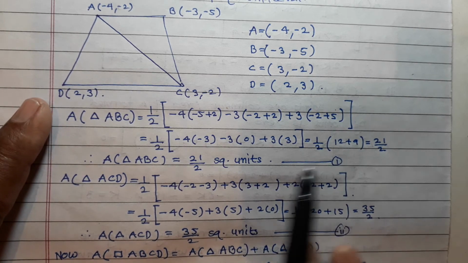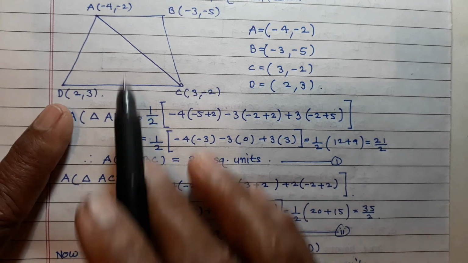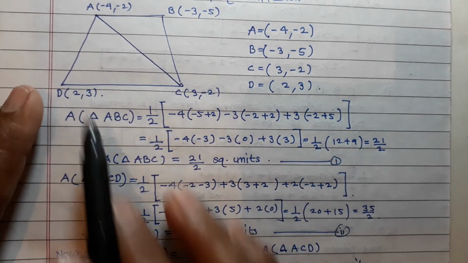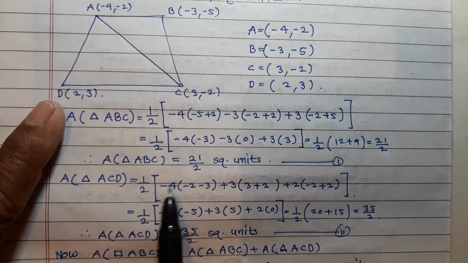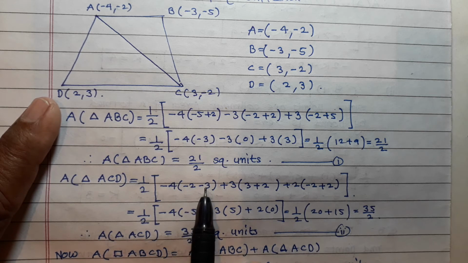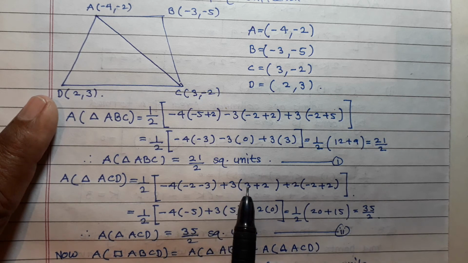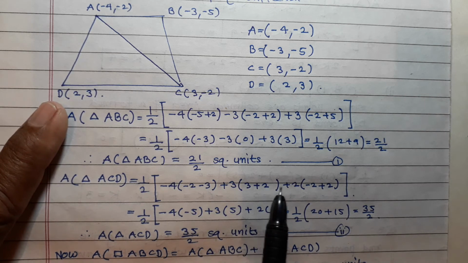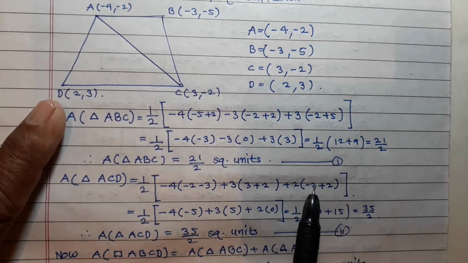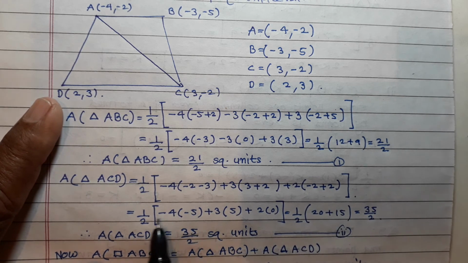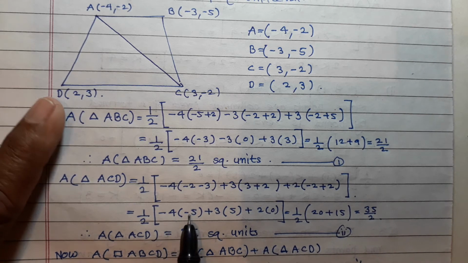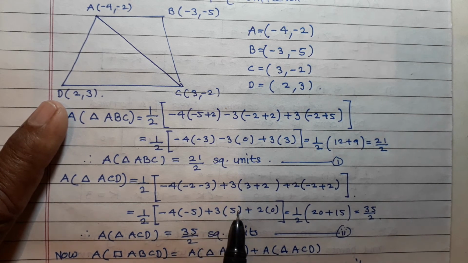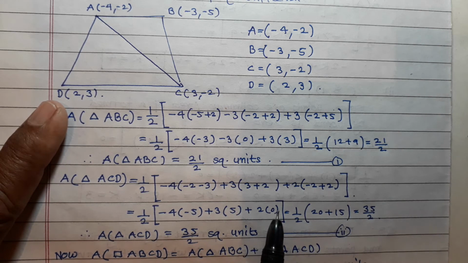Equation number 1. Similarly, you find the area of triangle ACD. So area of triangle ACD is equal to 1 upon 2 into bracket -4 into bracket -2 - 3, plus 3 into bracket 3 + 2, plus 2 into bracket -2 + 2, which is equal to 1 upon 2 into bracket -4 into -5 plus 3 into 5 plus 2 into 0.